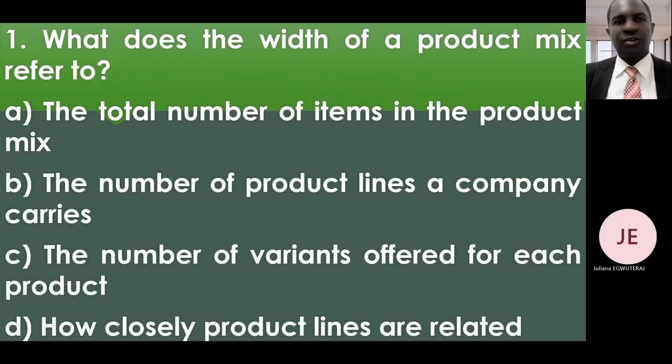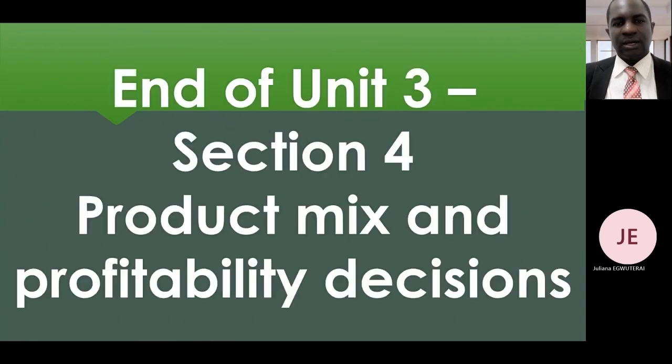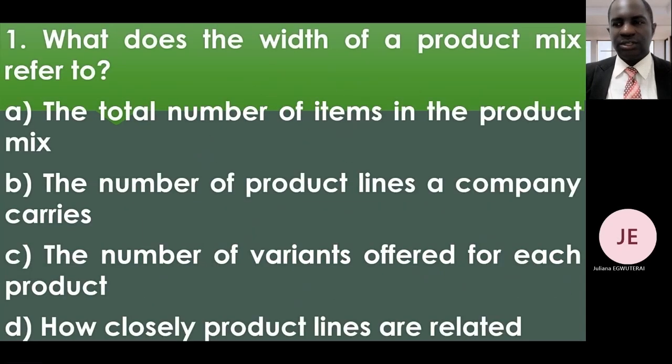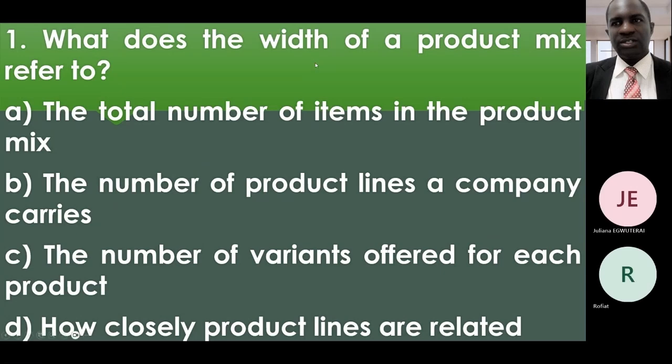First question, based on what we've done in product mix and profitability decision, is: what does the width of a product mix refer to? So these are the actual questions for the unit.